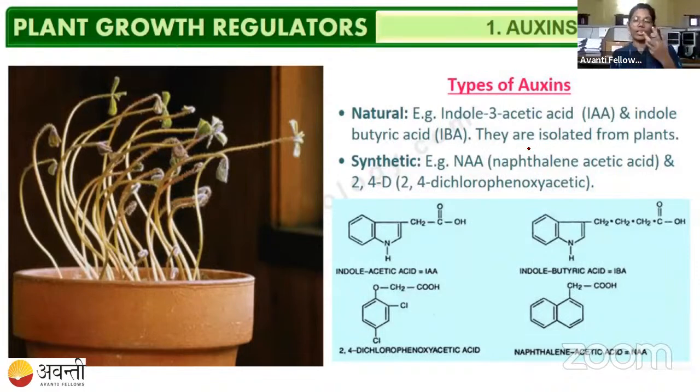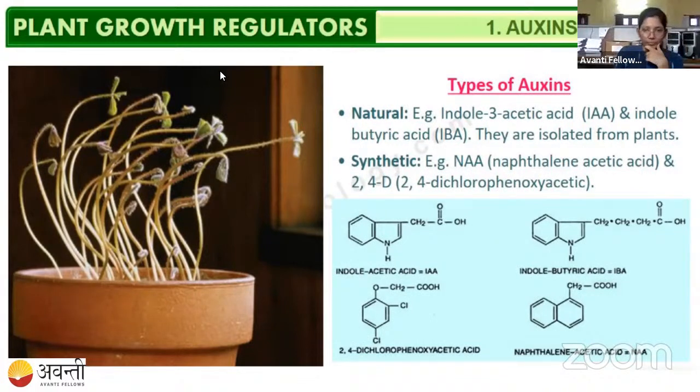These two can be isolated directly from the plant. But auxins can also be prepared in laboratory conditions, and those auxins are 2,4-D and NAA, naphthalene acetic acid.